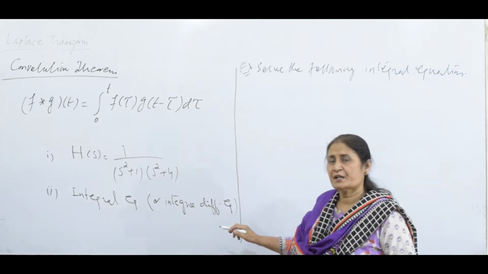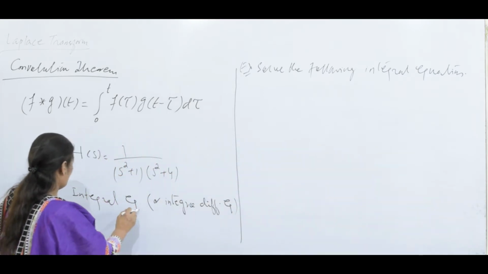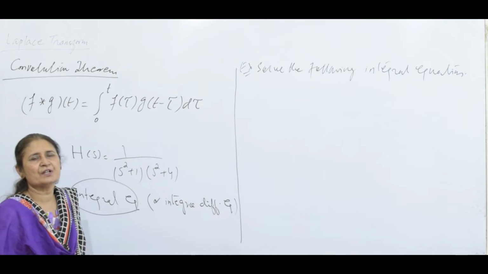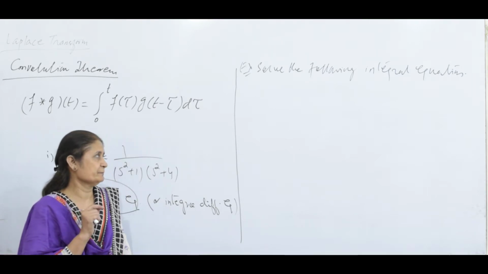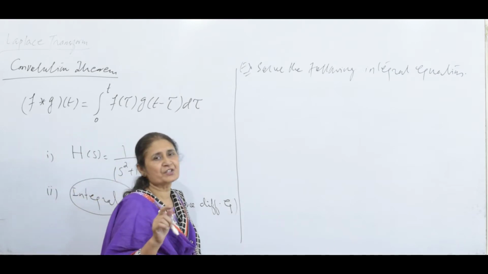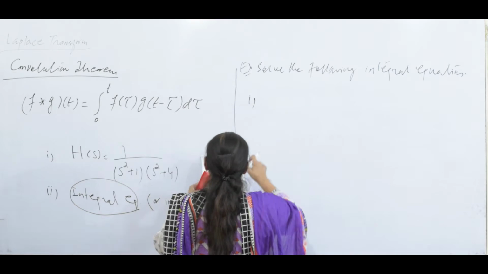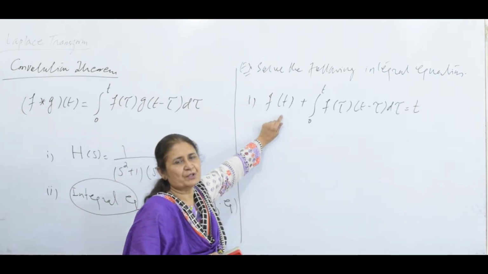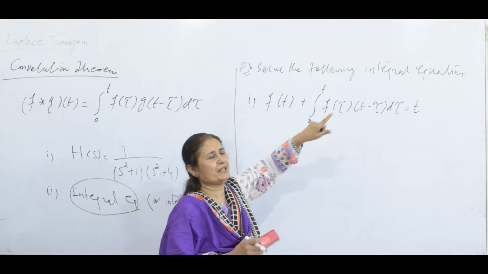An integral equation is an equation in which the unknown function is under the integral sign. So the unknown function must be under the integral sign. Let me solve two questions here. This is an integral equation because the unknown function is under the integral sign.